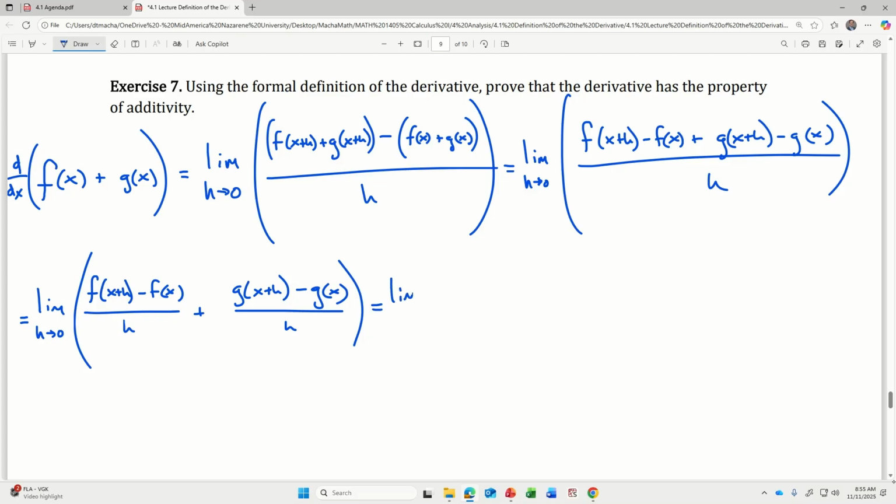And limits have a property that says I'm allowed to break up the limit when I'm adding two things that both have limits of their own.